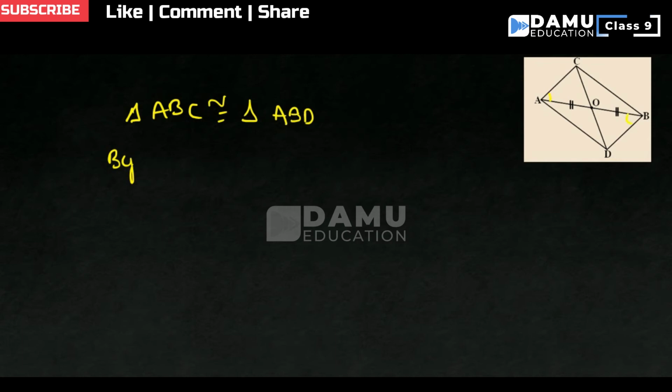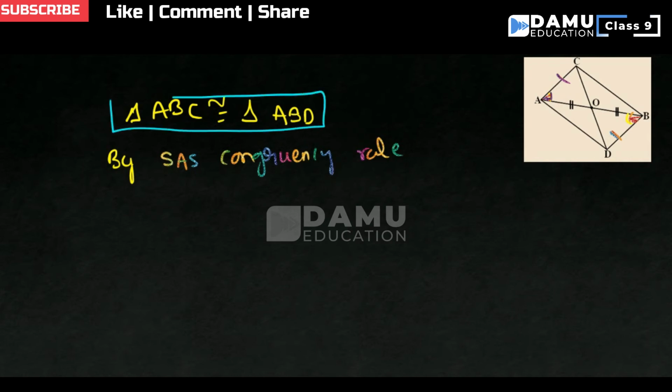So this angle and this angle are equal. This is the side AB and this side. These two triangles are congruent to each other by the SAS congruency rule.